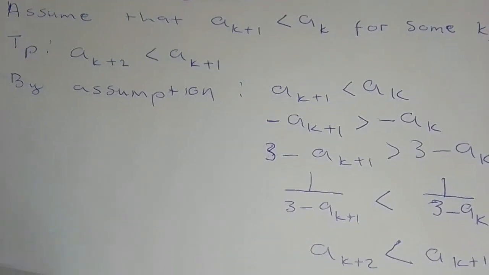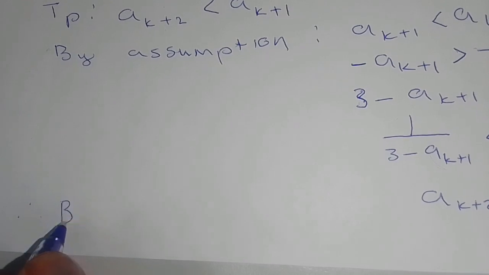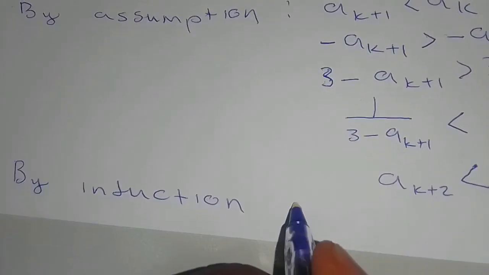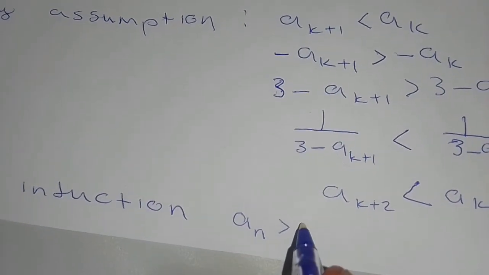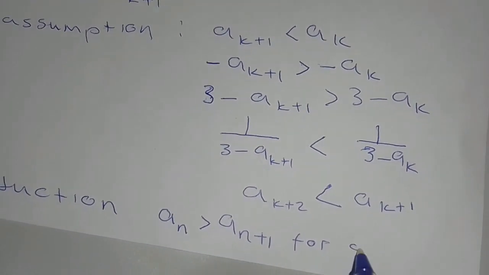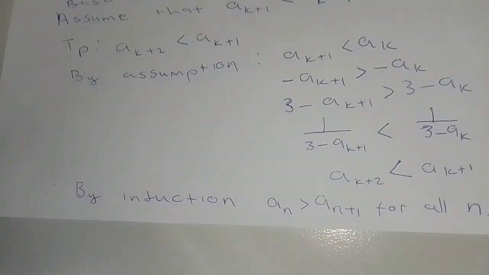Then you just conclude to end your proof. Therefore, by induction, a_n is greater than a_{n+1} for all n greater than or equal to 1. So that is how we do that.